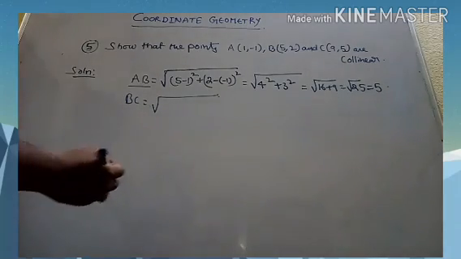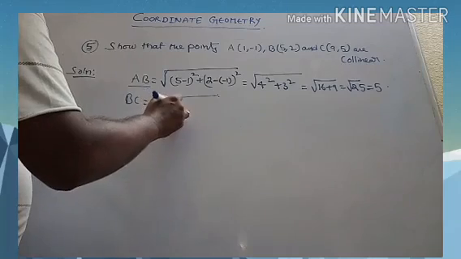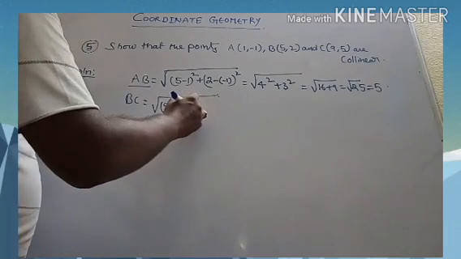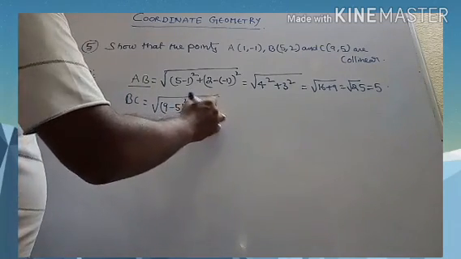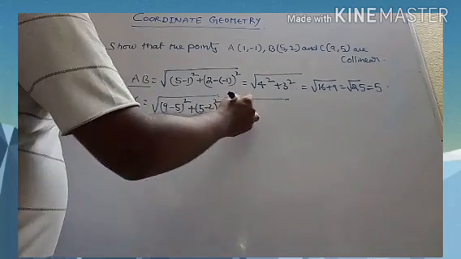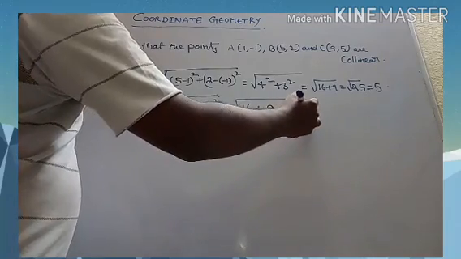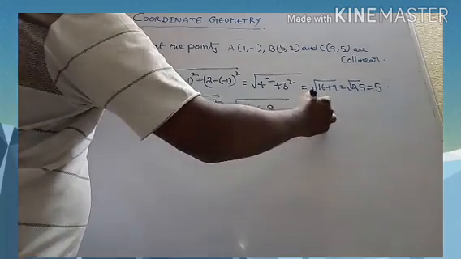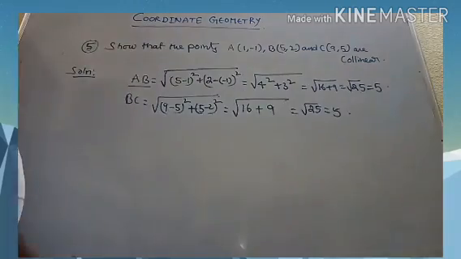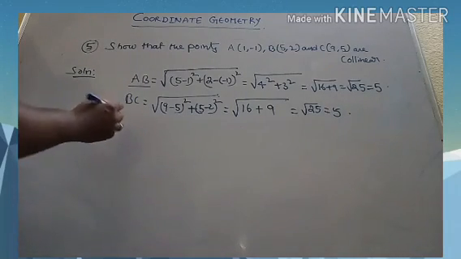In the same way, now BC. Let us find BC using the distance formula: 9 minus 5 whole square plus 5 minus 2 whole square. This is 9 minus 5 is 4, 5 minus 2 is 3, square root of 16 plus 9, that is root 25, that equals 5. And in the same way you are going to find CA, that is AC.